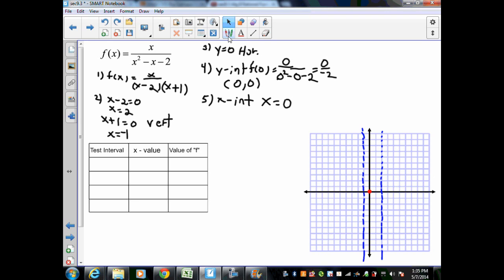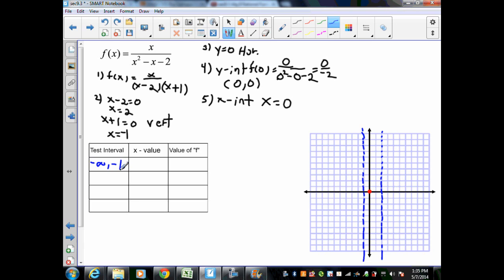Let's begin by using the interval between negative infinity and -1. I'm going to find 3 points in that interval, and hopefully that can determine what my graph looks like in that area.